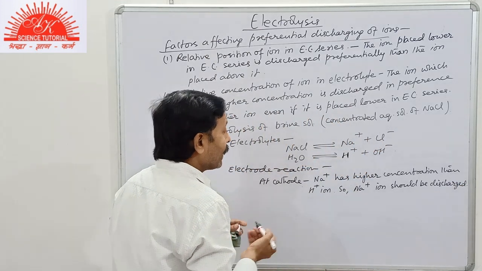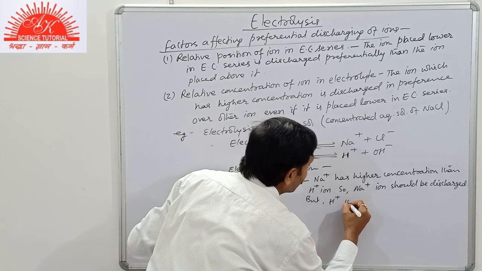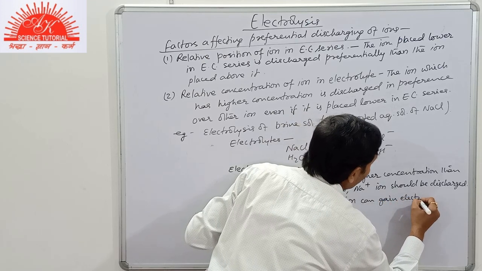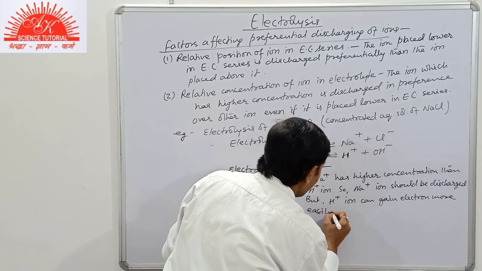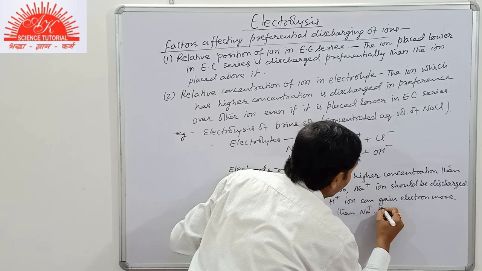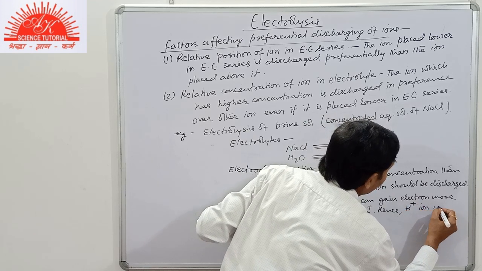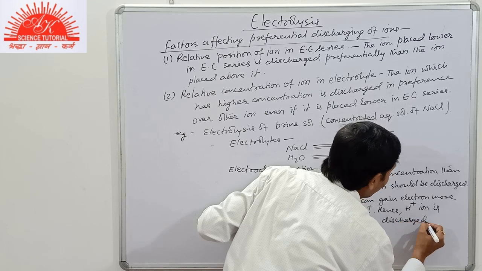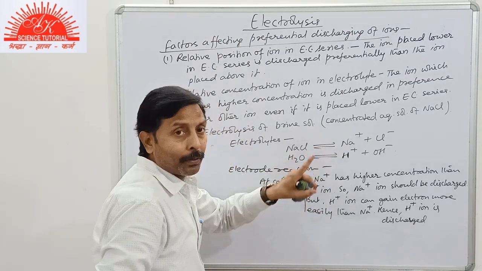But you see here, H plus ion can gain electron more easily than Na plus. Hence H plus ion is discharged. So this is the condition. We are studying the factor, but there is another reason due to which not Na plus but H plus ion is discharged.